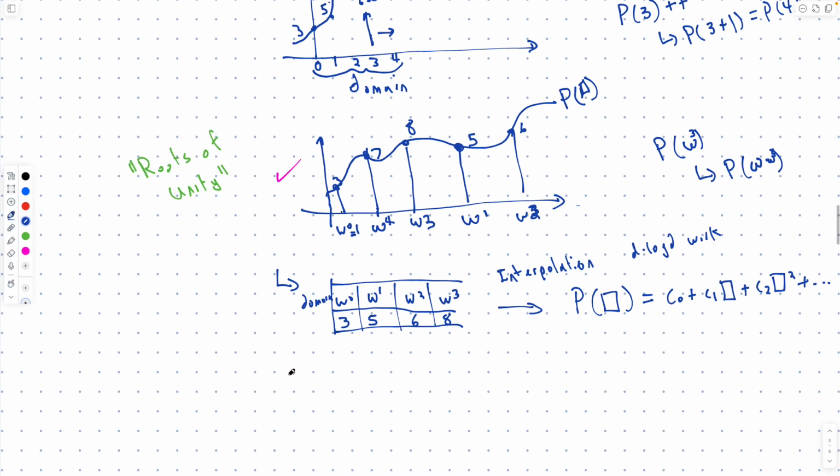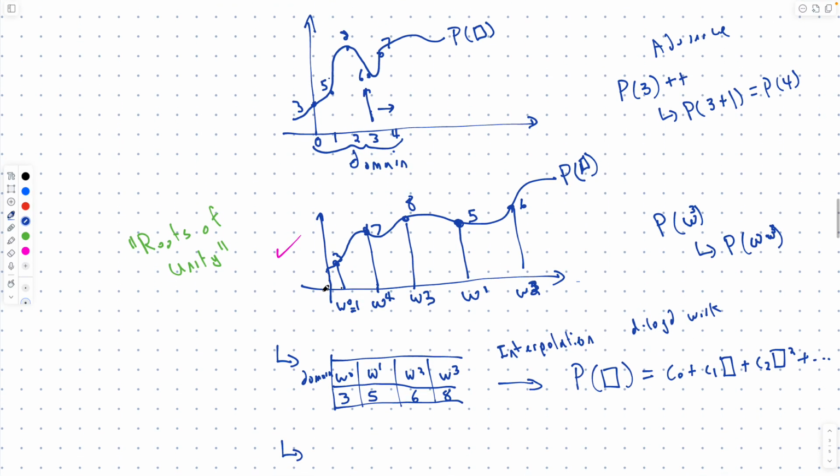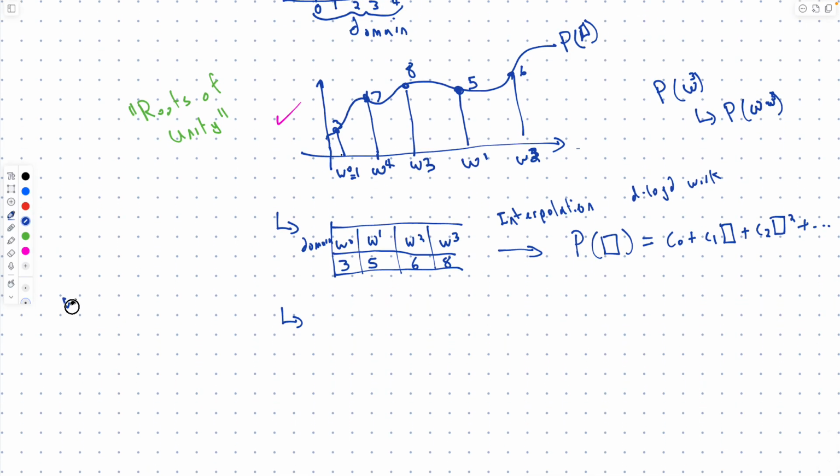Okay? There are positives. So the first is, let's say I have two arrays and I want to add them. If I make polynomials out of those arrays, and I make the polynomials on the same domain, then if I add the two polynomials together, that will give me the same results.